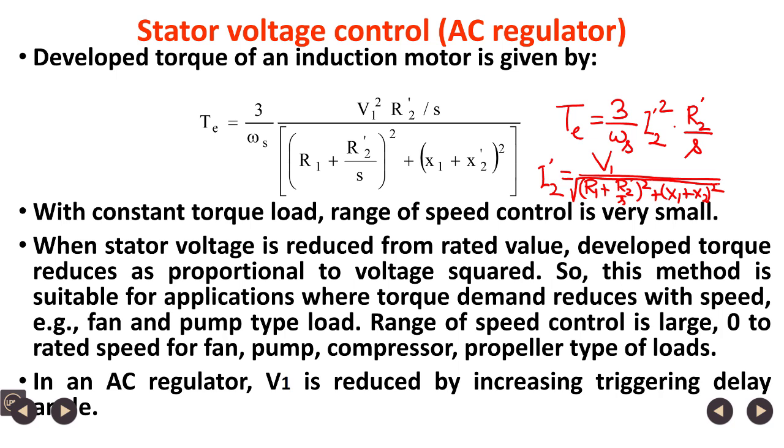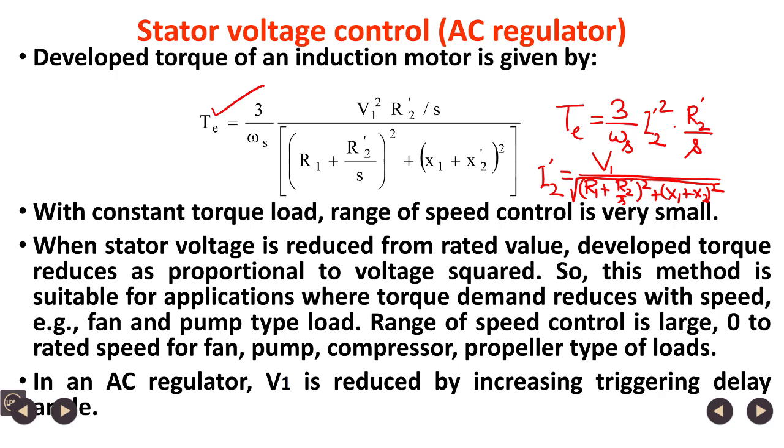Using I_2' in the torque expression, the torque is given by T_e equals 3 by omega_s times V_1 squared times R_2' by S, whole divided by (R_1 plus R_2' by S) whole squared plus (X_1 plus X_2') whole squared. So this is the torque expression.